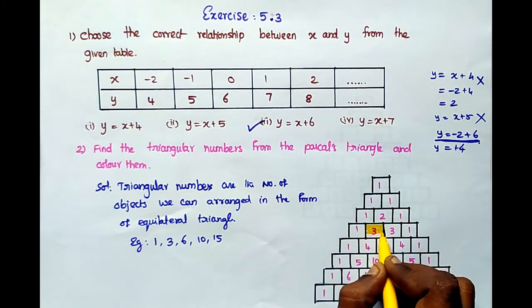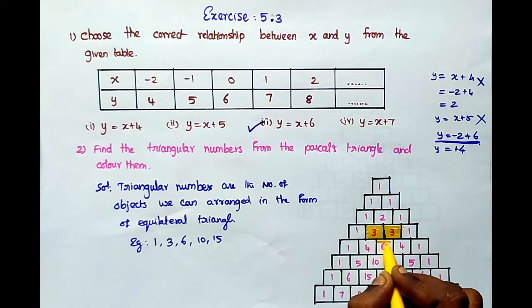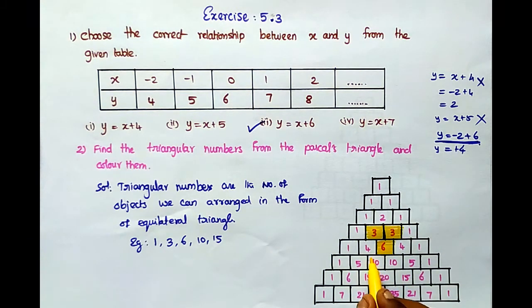Three, 6 and 10 and then 15. Next one, which one? Here 21.